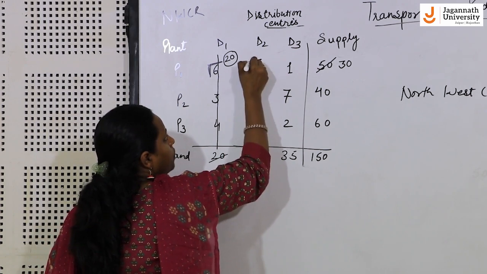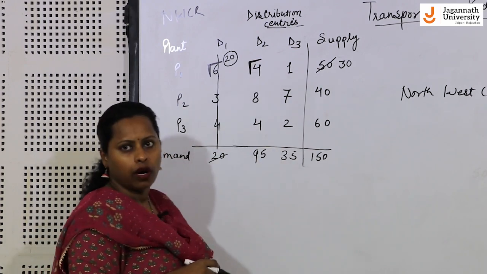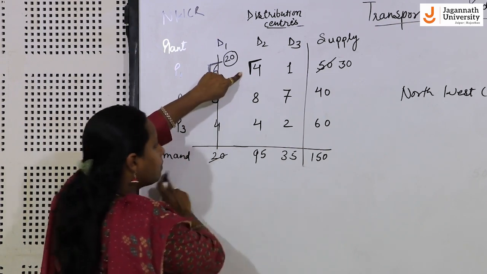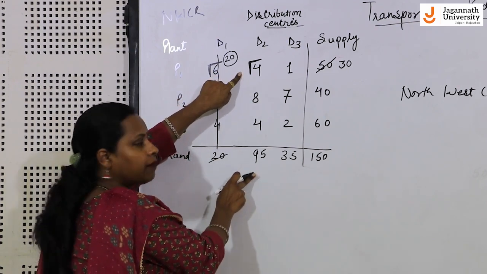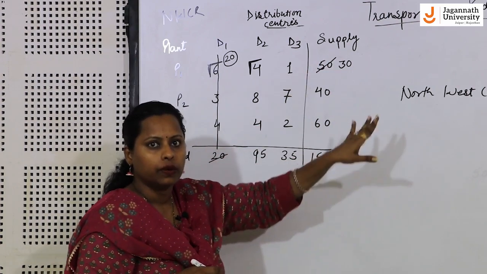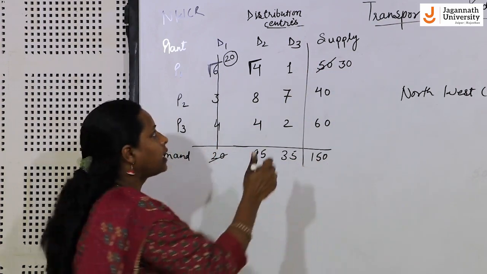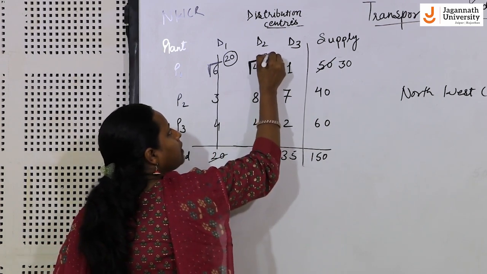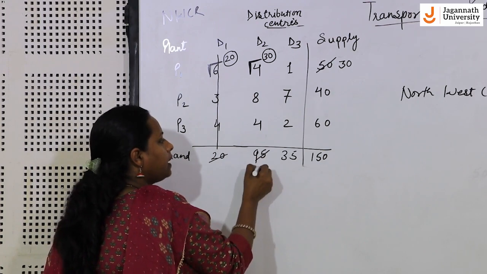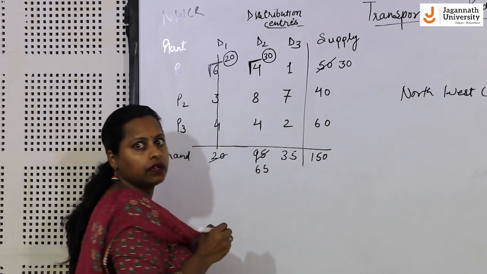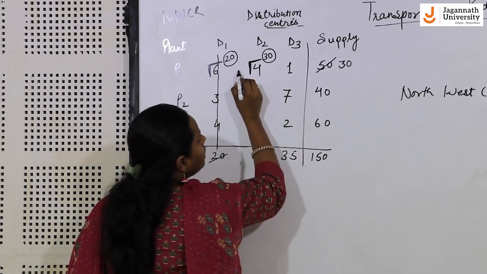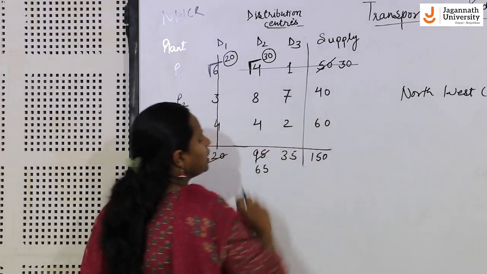So this is 4. 4 is the next northwest corner. So here on this point the demand is 95, but you can supply only 30 units. So you have to supply 30 units and the remaining demand will be 65. Okay. So now you can't supply any more units to this point. So the row will be finished.